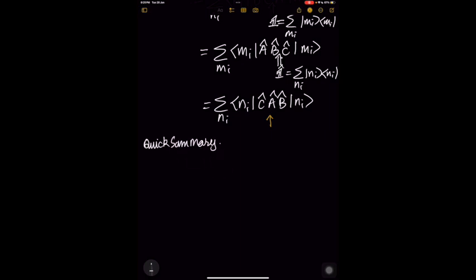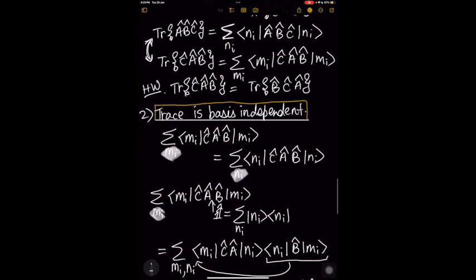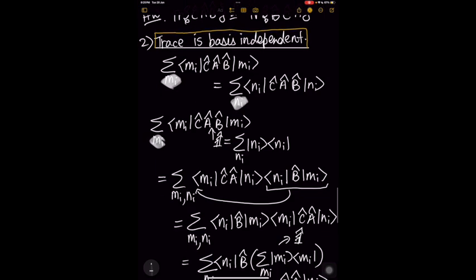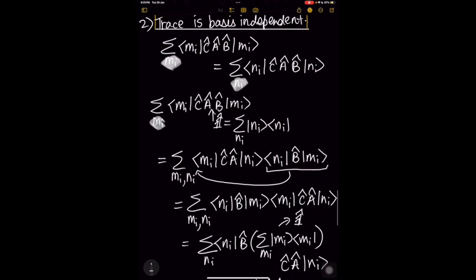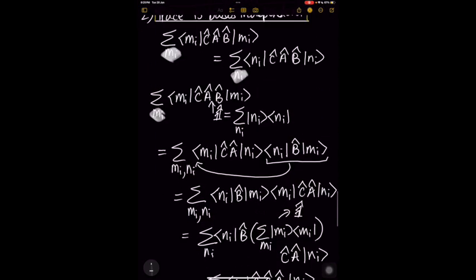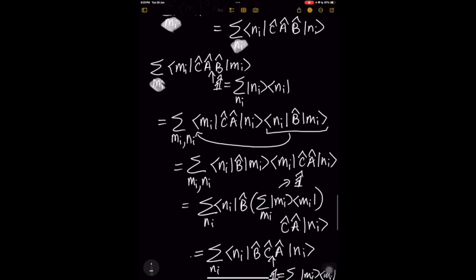What does this mean? So what this means is, let's just say you have some operator. The proof for property 2 would be much simpler if you just considered a single operator, but I considered all three operators.